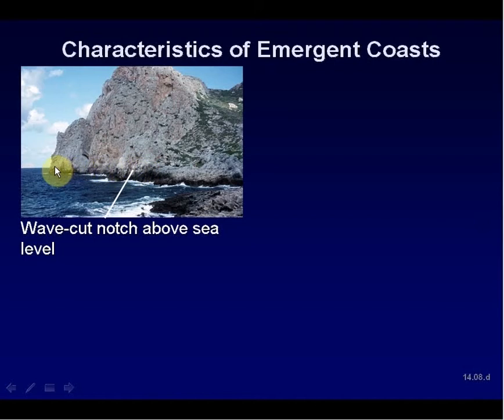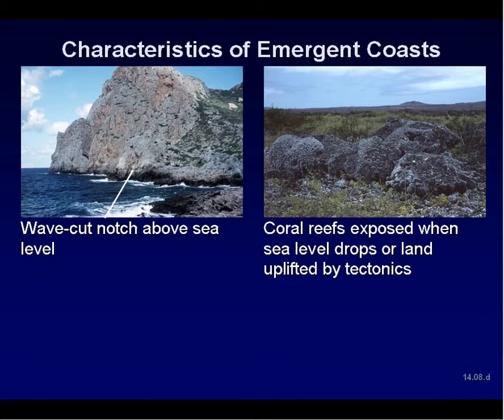Okay, so the wave cut notch, which is of course indicating the level of past high sea stand or past high tide level, where the waves and the clasts were doing all their work to cut into this cliff face here. Now that's sitting up higher than current sea level when seas have receded. Again, got another example here of coral reefs.